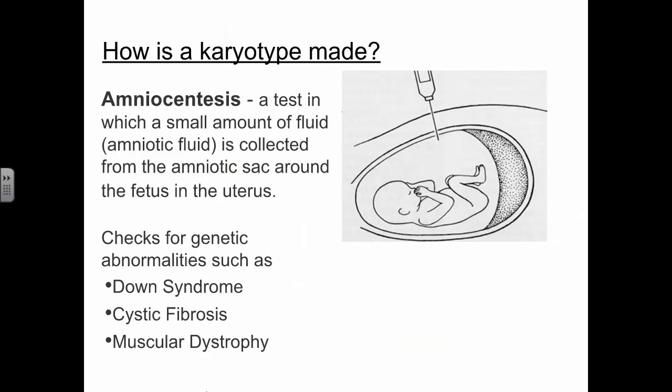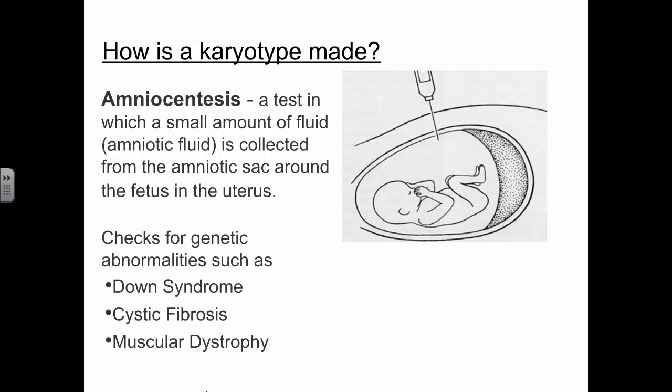So how do we get a karyotype? How do we get this map of cells with chromosomes? Well, it's through amniocentesis. And you guys should recognize that from reproduction. So amniocentesis is a test where a very small amount of the amniotic fluid is collected from the amniotic sac.